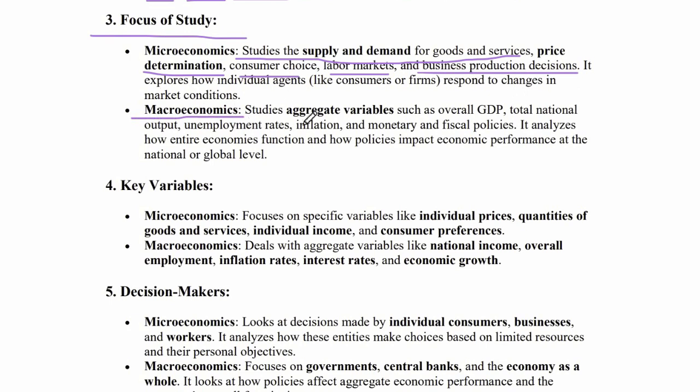Macroeconomics, on the other hand, studies aggregate variables such as overall GDP, total national output, unemployment rates, inflation, monetary and fiscal policies of the government. It analyzes how entire economies function and how policies impact economic performance at the national or global level.